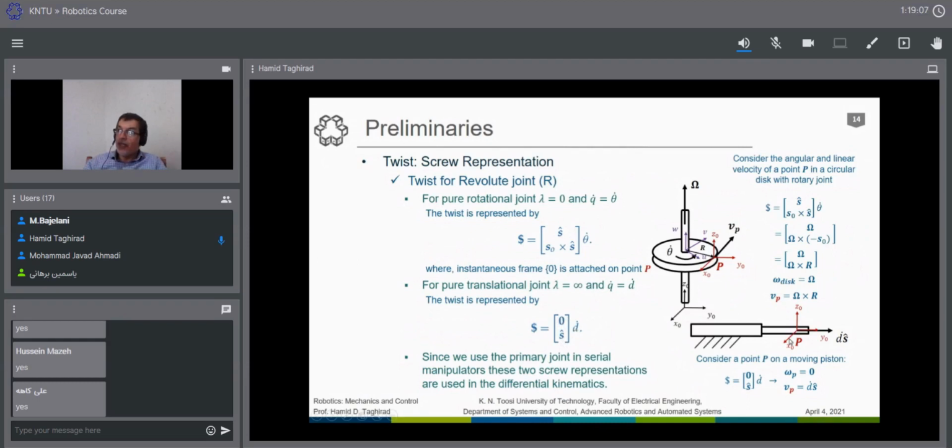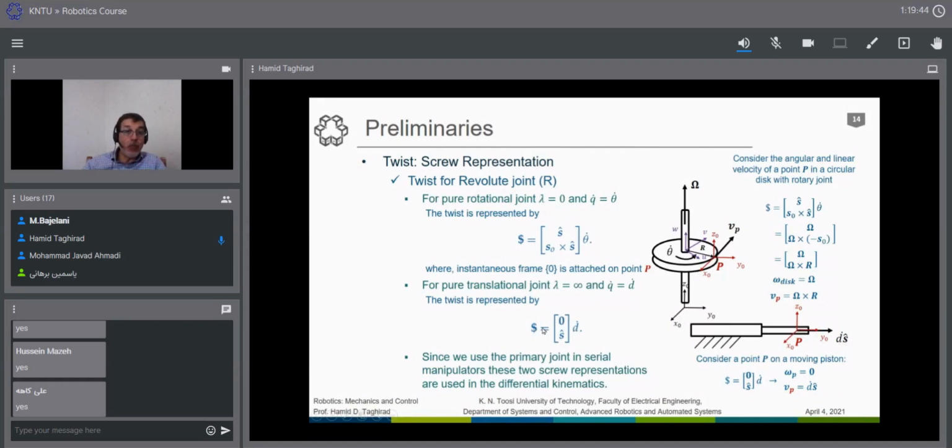As you see, if we have a point P that is of our interest, like here, we put a fixed frame here, and we know that the velocity of the point P is along the S hat, the way that we define the S hat, with the amount of d dot, and omega P is equal to 0 for this point, but v of this point is equal to d times S. So we use this coordinate as a twist for serial robotics.